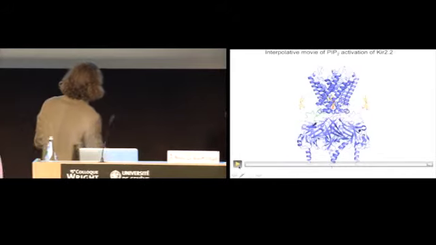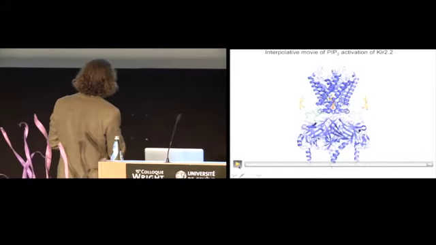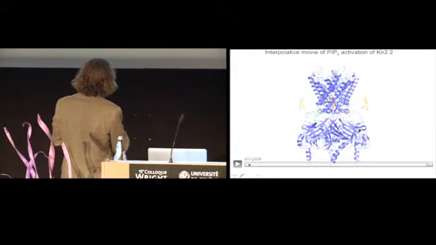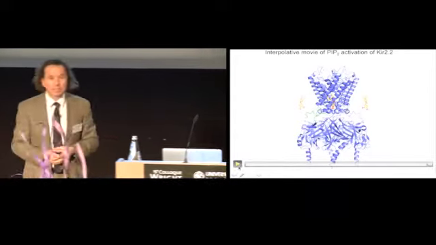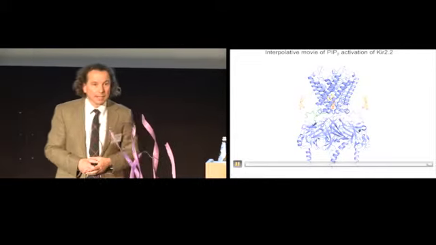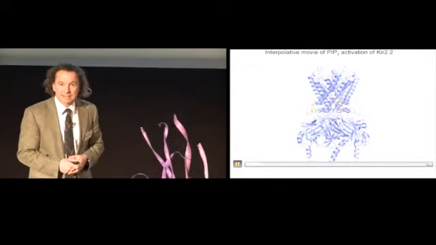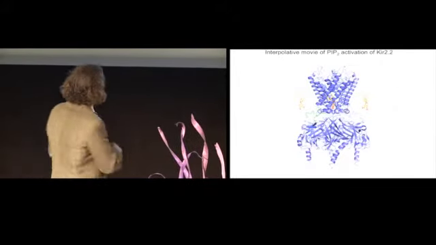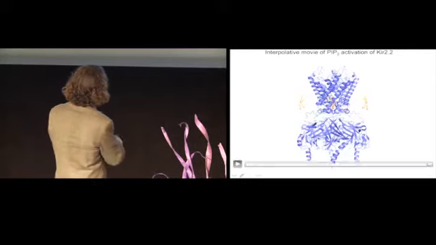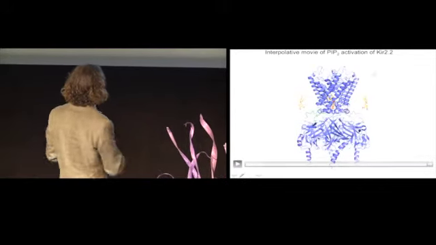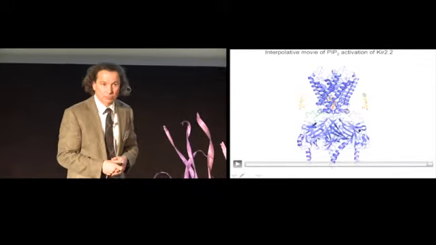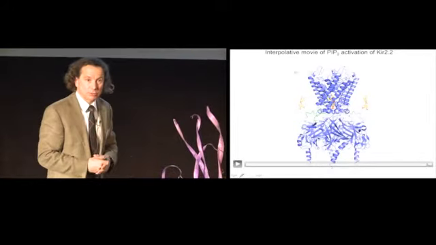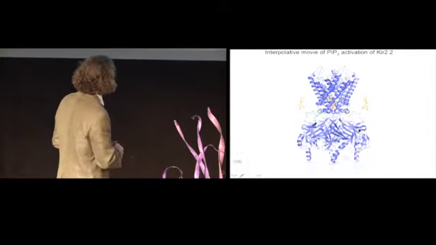The G protein beta gamma subunit is released from another membrane protein called a G protein coupled receptor. And in fact, the Nobel Prize in Chemistry this year was given to 2 scientists who figured out many of the mechanisms of how G protein coupled receptors work. In particular, one called the beta adrenergic receptor.